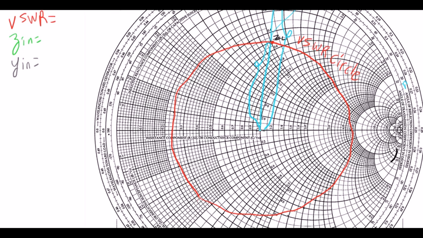So it's the value where the circle crosses the resistance component on this side. This will be your value for VSWR, which is approximately between 4 and 5, so 4.26.